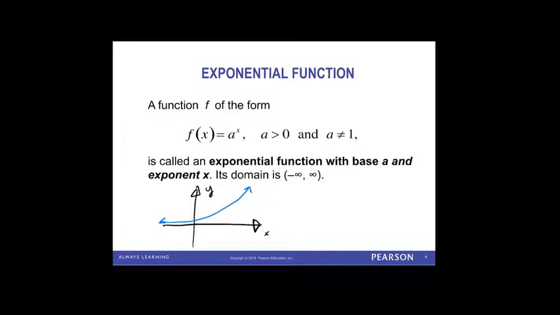It looks like it does, but if you zoom in, you'll always find space. As it goes off to the right, it blows up, y goes off to positive infinity. As you go off in this direction, y tends to 0. As you go in this direction, y tends to positive infinity. This is the basic shape of an exponential function. That's just a little bit of context. We're going to keep going.